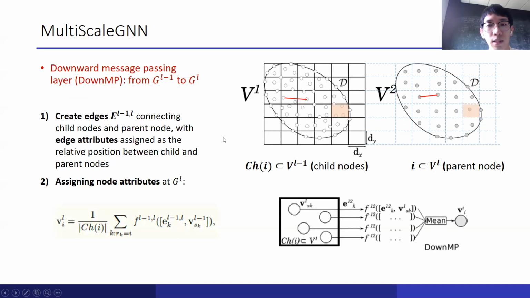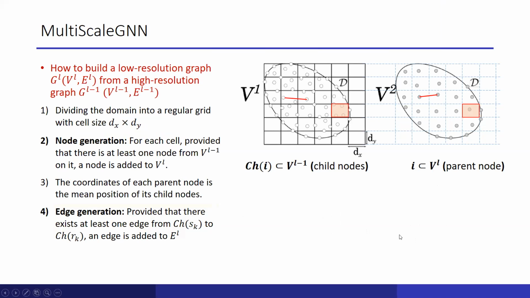And let's come to the next question, how to communicate between the high resolution and low resolution. And previously we set... Can I ask a quick question here? Yes. Okay. So if the grid is too fine, a cell might not contain any node. If this is the case, how do they handle it? They just create a random node? You mean like in this region?